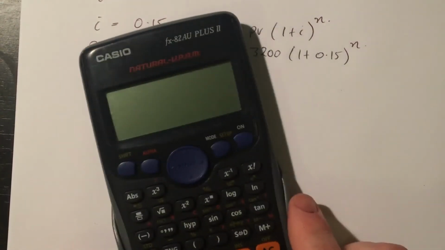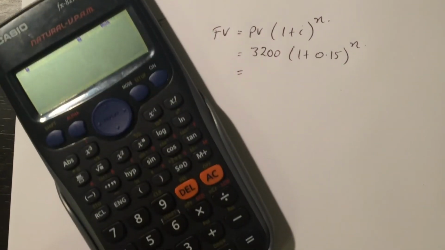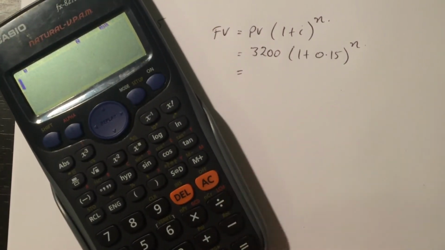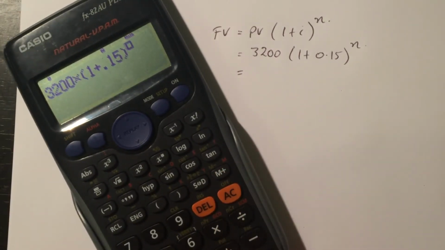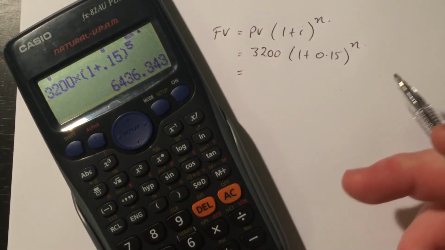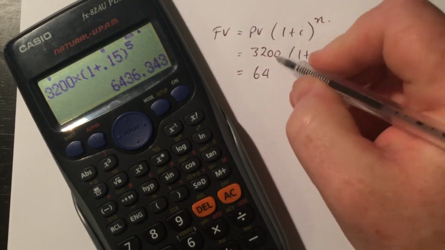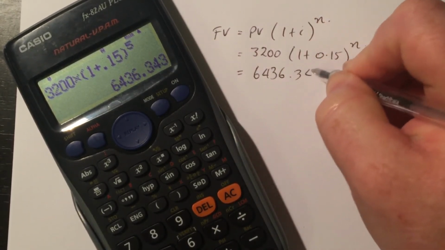And on our calculator we'll do 3,200 times 1 plus 0.15 to the power of, and in this case n is 5 years. And our answer will be $6,436.34.